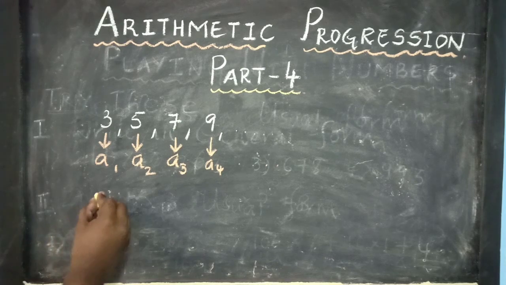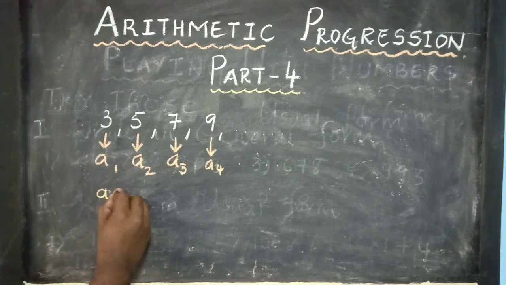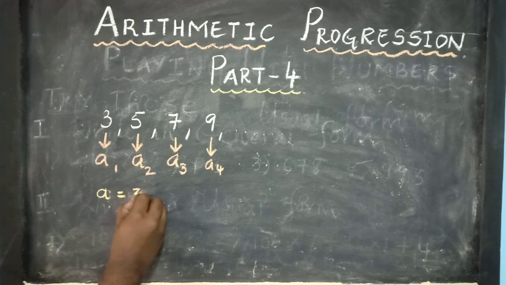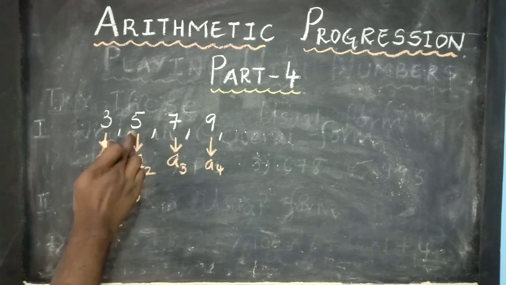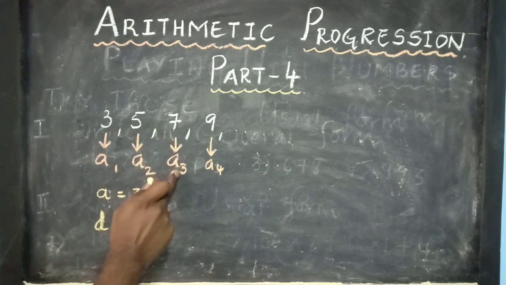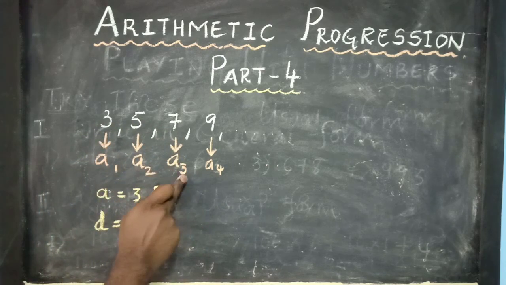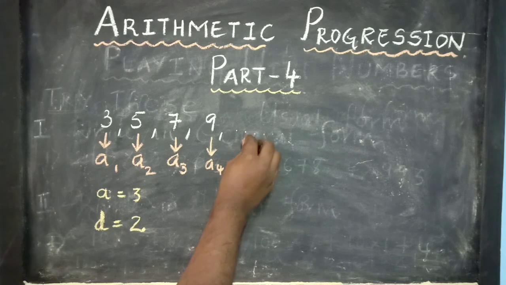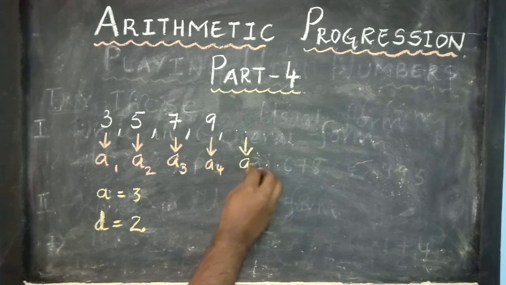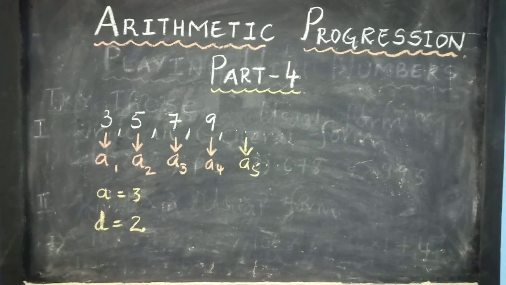Now the first term A1 or A equals 3 and D equals what? A2 minus A1 or A3 minus A2 or A4 minus A3, that is 5 minus 3 is 2. Now if I ask you to find out the fifth term, what do you do?